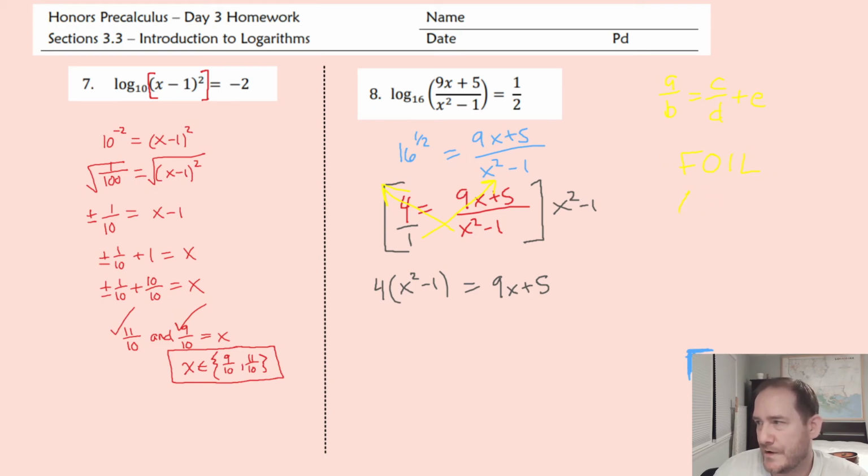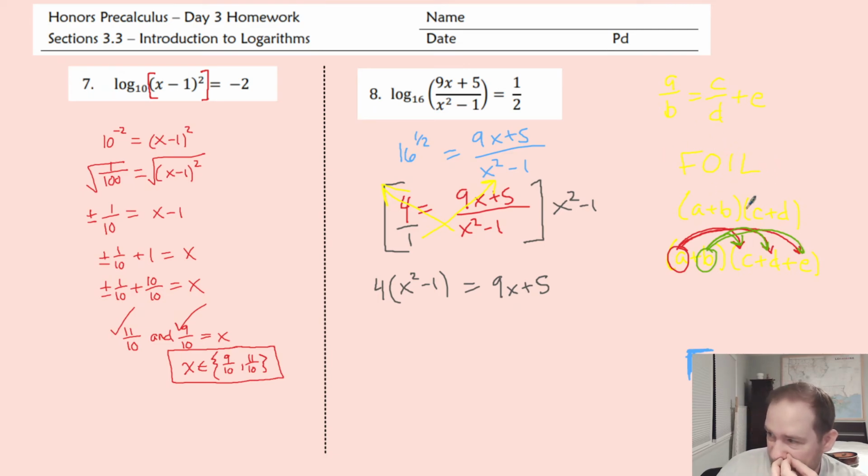FOIL literally only works for binomial times binomial, right? And the second you want to do binomial times trinomial, FOIL goes out the window. But we still have a more generalized backup plan, which was just take the terms and distribute. You go first term onto the first term, middle term, last term. Then you go second term onto the first term, middle term, last term.